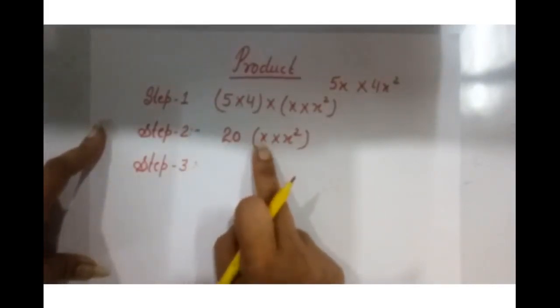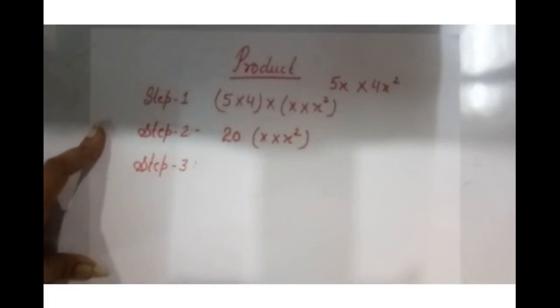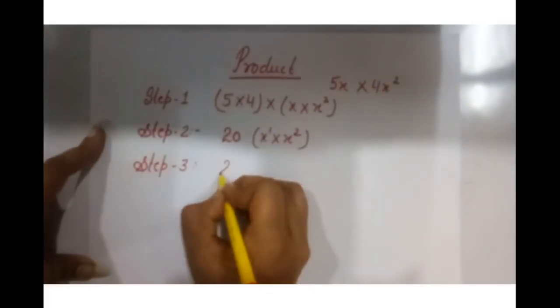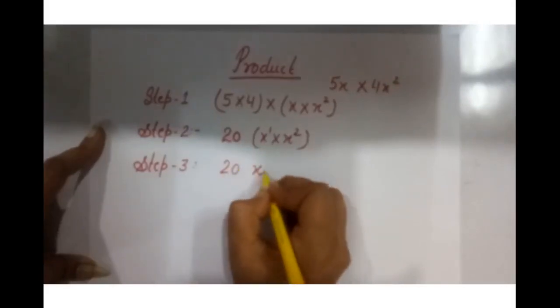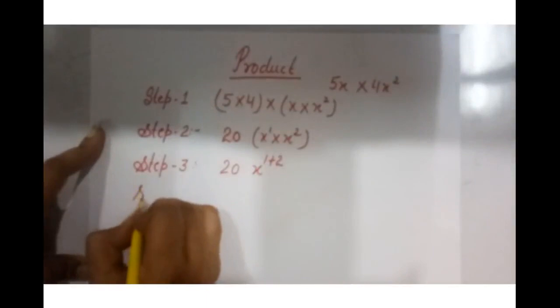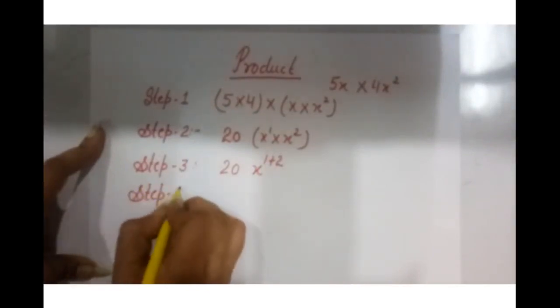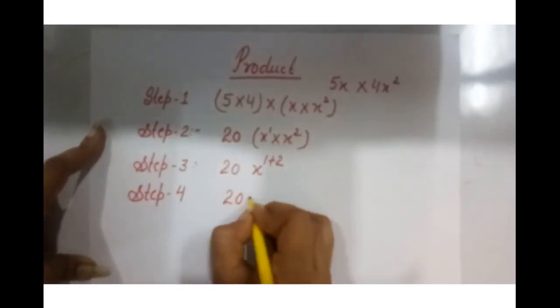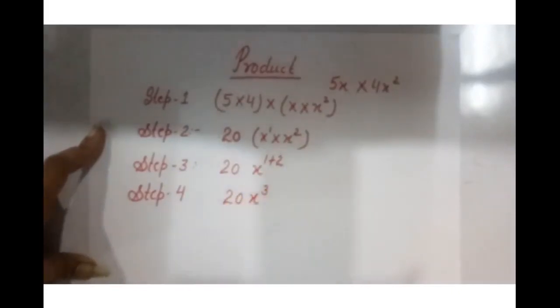And for the multiplication we have to add the powers of the variables. Here 1 and 2, so it can be written as x raised to the power 1 plus 2. Step 4: your answer is 20x cube.